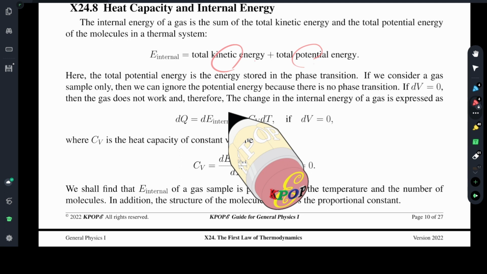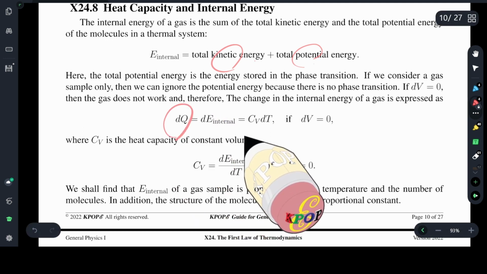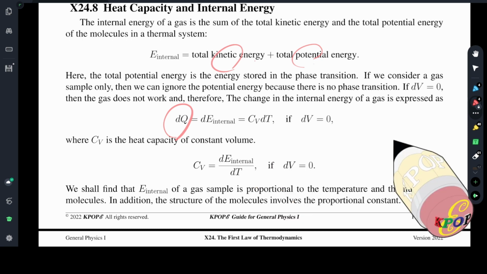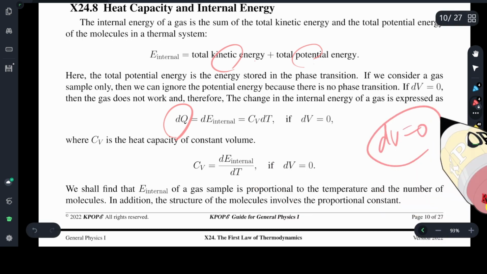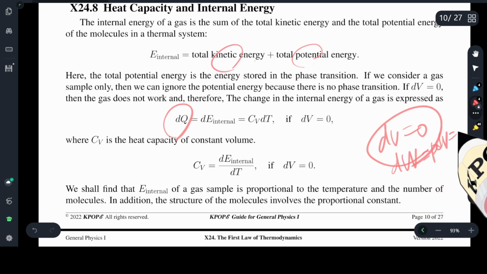So it accepts the heat from the environment and then it loses energy by working, but it does not work because dV equals 0. So dW is PdV, that is 0 too.